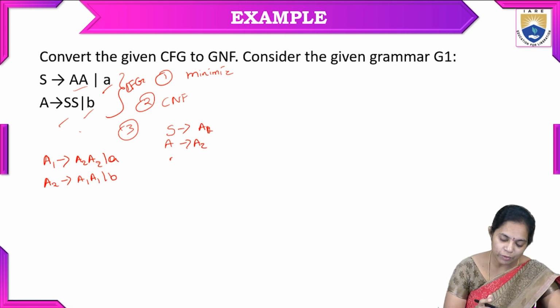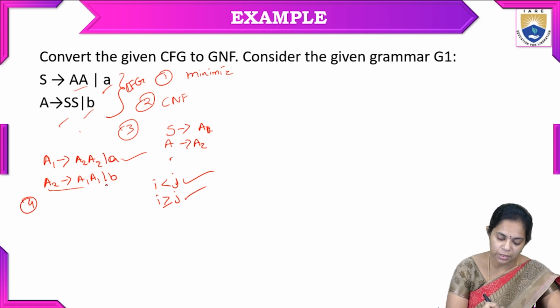So here we will convert. In the third step, if the condition having i and j is satisfied, this is the first production rule which is satisfying it. So we have to remove this kind of production rule and minimize it. How to minimize?